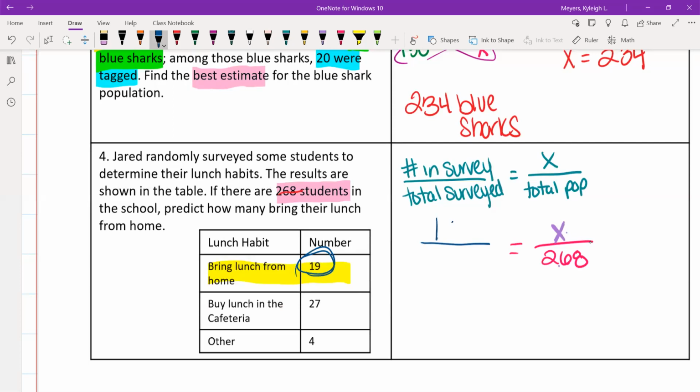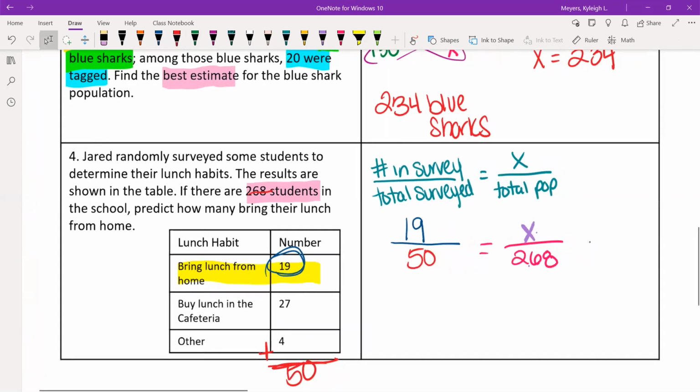Well, 19 people. But now we need the total surveyed. We don't have that number, so add these all up. What is 19 plus 27 plus 4? When you do that, you should get 50.